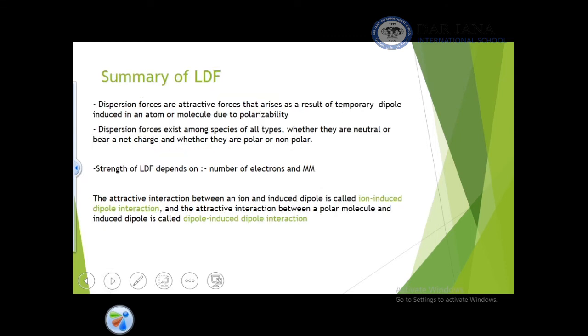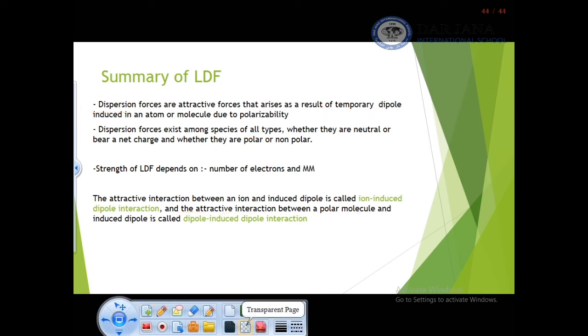Summary of LDF. Dispersion forces are attractive forces that result from a temporary dipole induced in an atom or molecule due to polarizability.